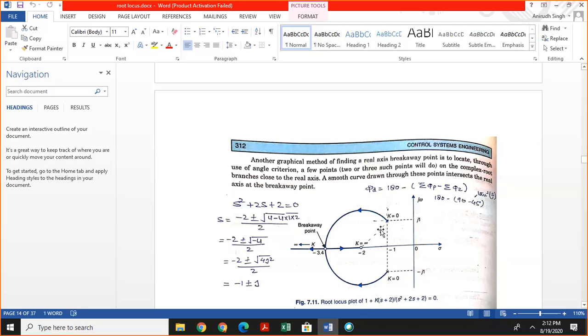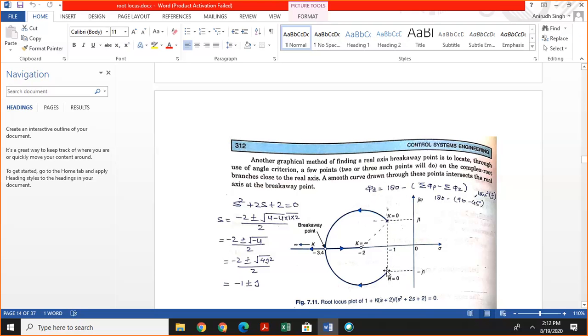Since this is the case of complex roots, we have to calculate the angle of departure. The angle of departure is given by 180 minus the summation of angles made by the remaining poles, plus the angle subtended by the remaining zero at the desired pole. Suppose we want to calculate the angle of departure at this pole.